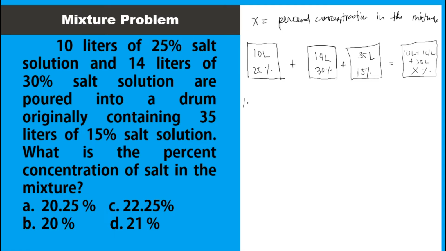You have 10 liters times 25%, that is 0.25, plus 14 times 0.30, plus 35 liters times 15%, that is 0.15, equal to 10 liters plus 14 plus 35 times the concentration X.